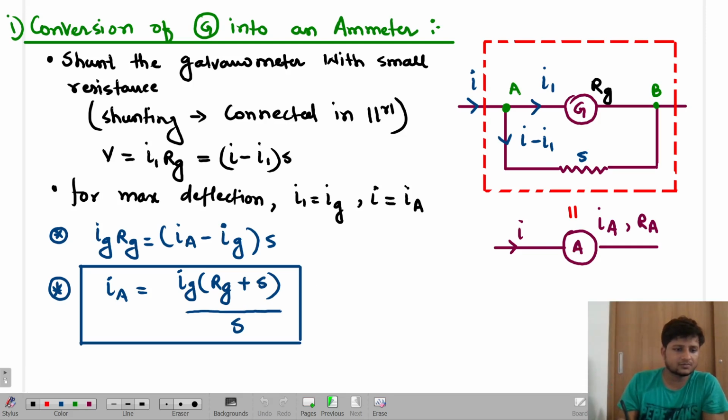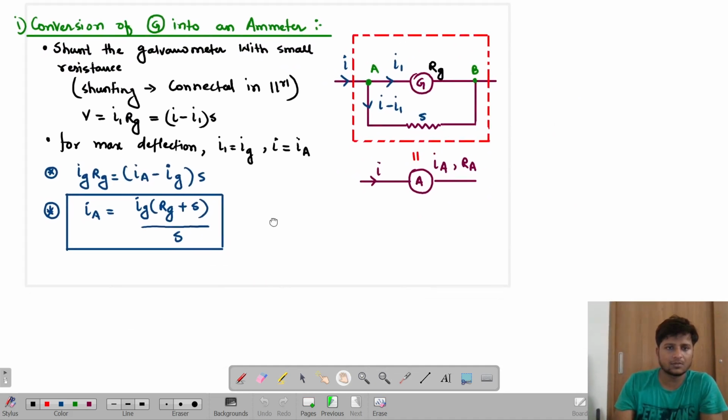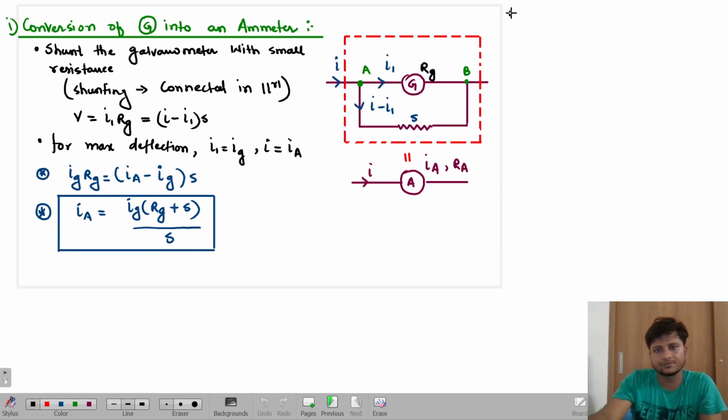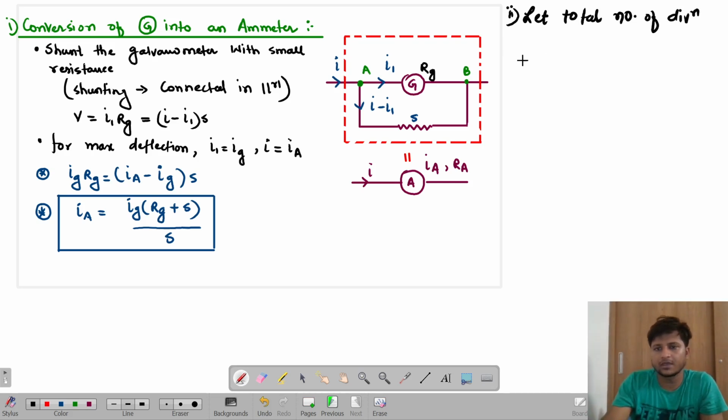So let's suppose, as I have created my ammeter now, let the total number of divisions in the ammeter be n.